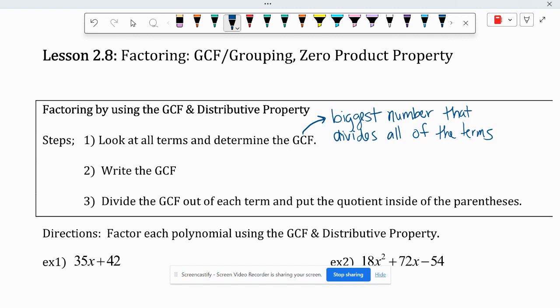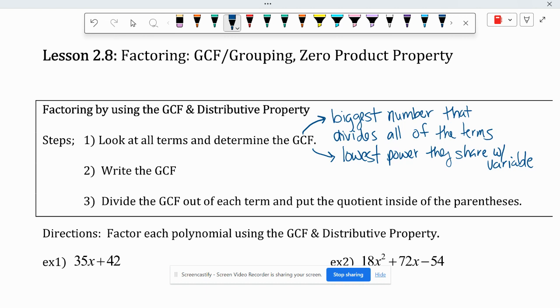When we talk about the greatest common factor, we also need to think about the variable terms. When we think about variable terms, I want you to look for the lowest power or exponent they share with the variable.